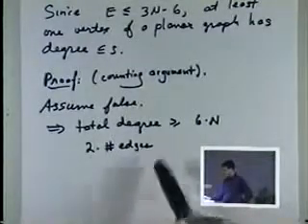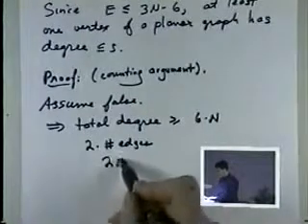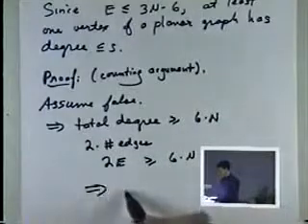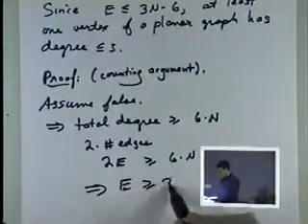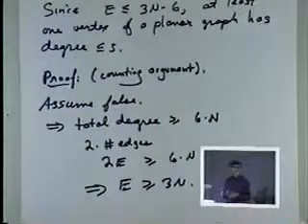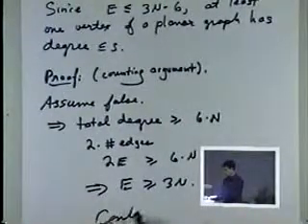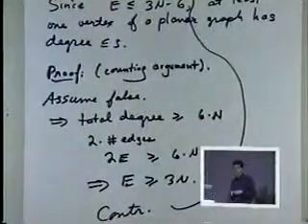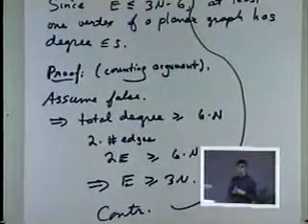So this means that 2E, the number of edges, is greater than 6 times N, which implies that the number of edges is greater than 3 times N. But that doesn't make sense. Now we've reached a contradiction, because we know that the number of edges is less than or equal to 3N minus 6.